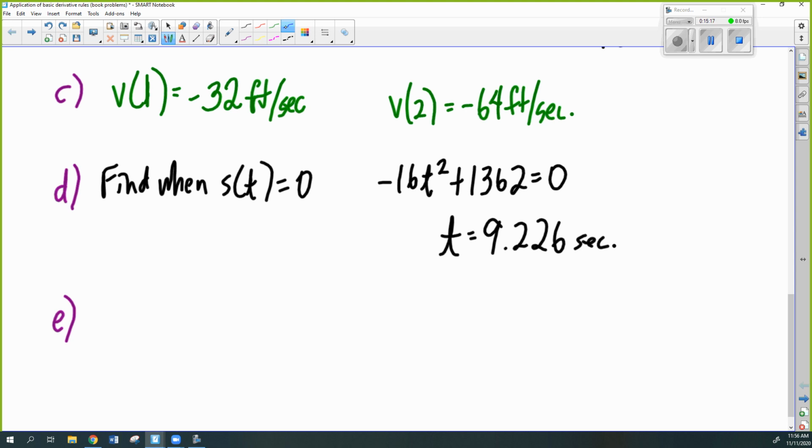Do I know when the coin hits the ground? Yes. So I want the velocity at that time. Do I have the velocity function? Yes. Good. Then I need to plug in 9.226. It is that simple.